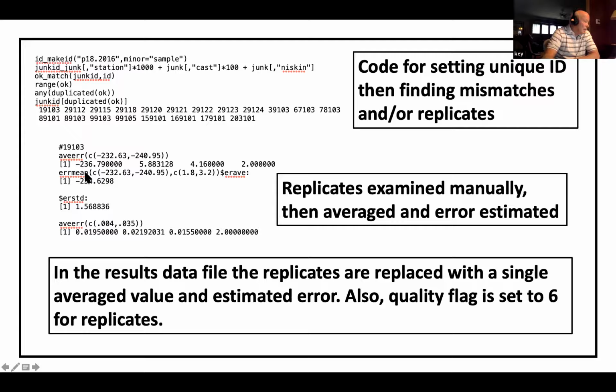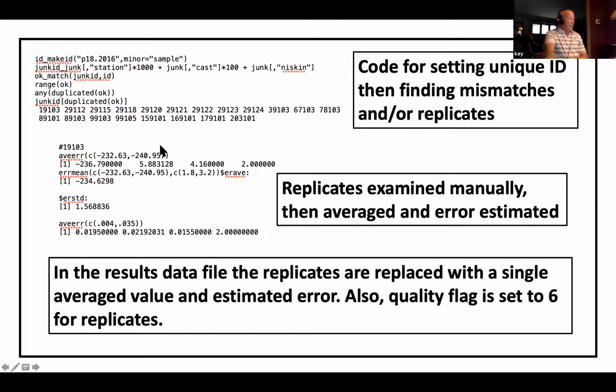Error mean does the error weighted average and standard deviation of the mean, and it spits those out. So for the value for the C14, I'll always use the error weighted average. And for the error, I would take the larger of the error weighted standard deviation and the regular standard deviation. And this is fairly typical. You can see it's a much larger standard deviation, a much larger number.